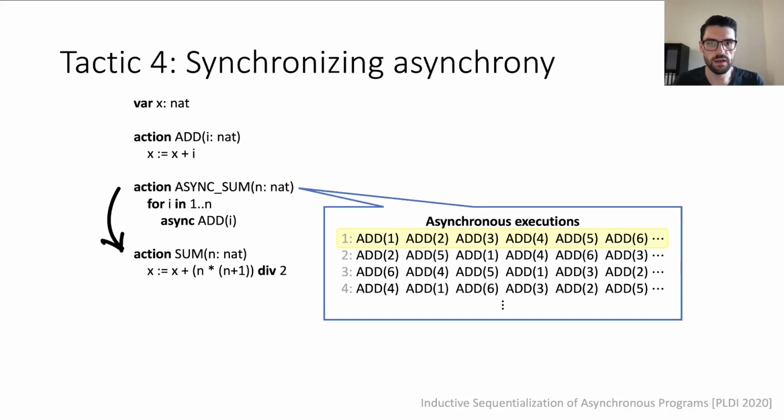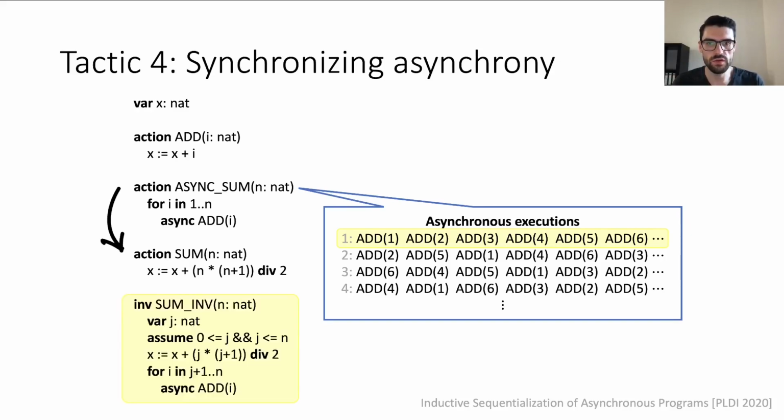And the inductive invariant that we need to specify for this really just specifies this order in which add operations take effect. So invariant suminf here just says that at some intermediate point j between 0 and n, we have that x was already incremented with the sum from 1 to j, and the remaining add actions from j plus 1 to n are still pending.